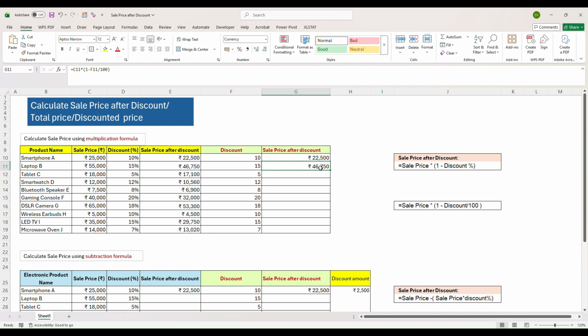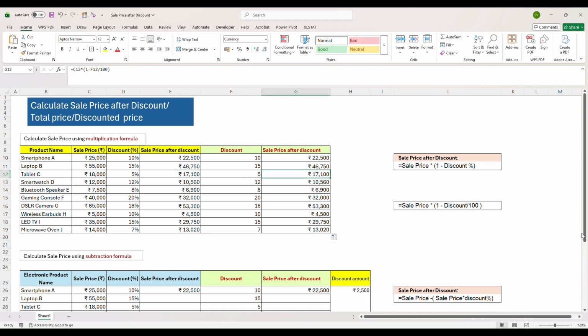So this is how both the formulas work. So keep in mind whether the cell has been formatted or not. If the cell has been formatted, you can directly take the discount percentage. Otherwise, you have to divide the discount by 100.